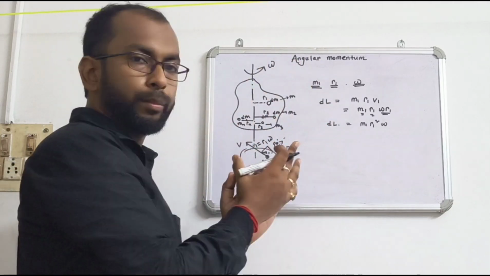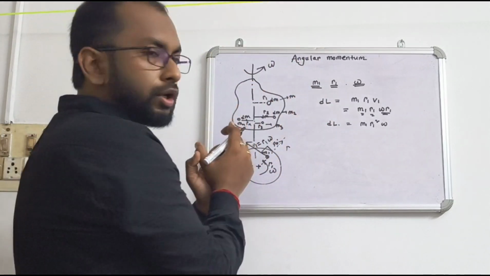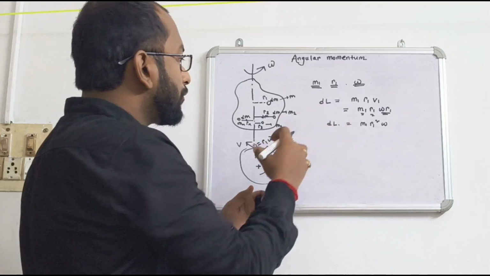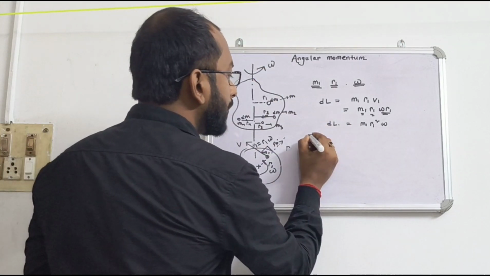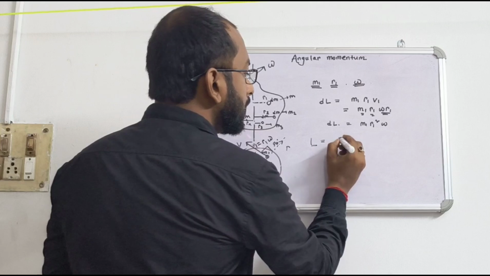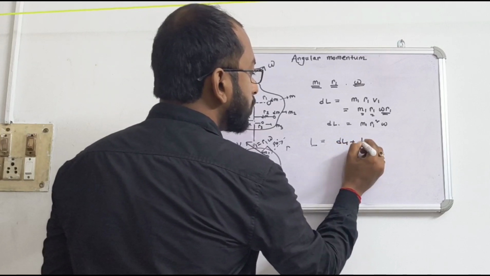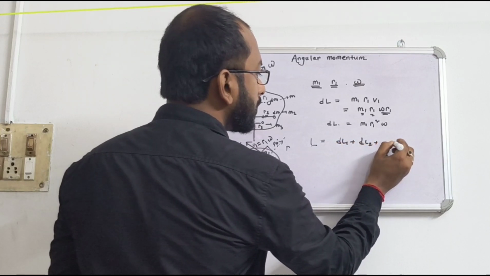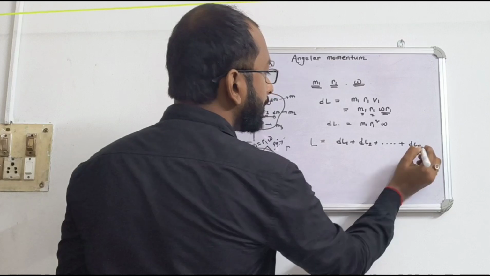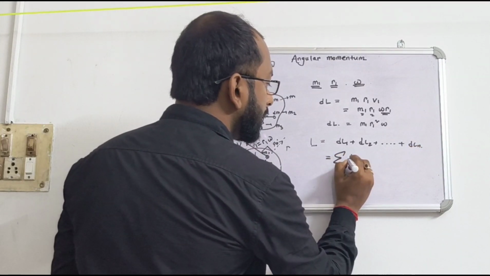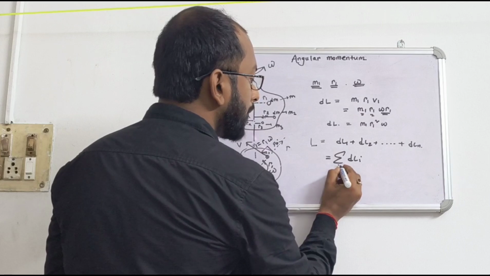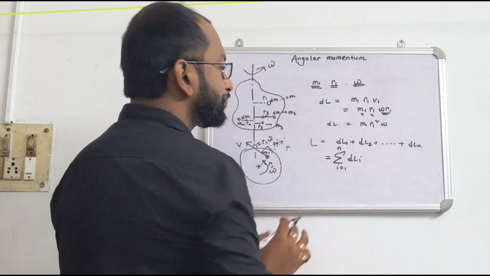So total angular momentum for this solid body will be the sum of all individual angular momentums. So net angular momentum L will be the summation of all small angular momentums dLi from i equal to 1 to n.